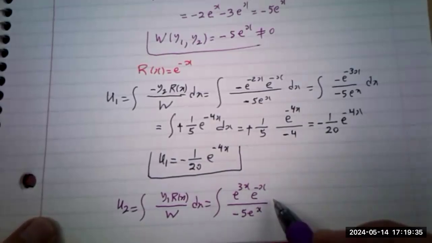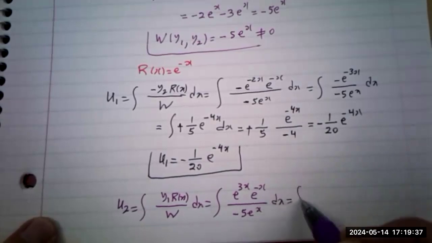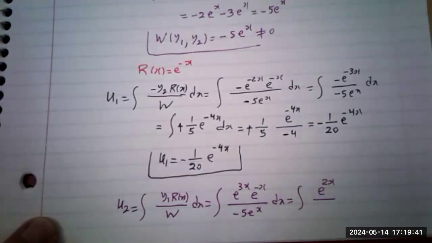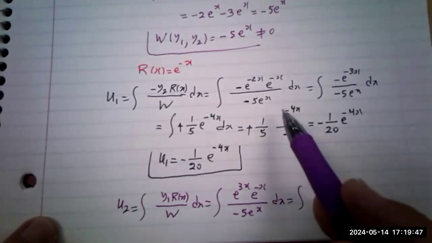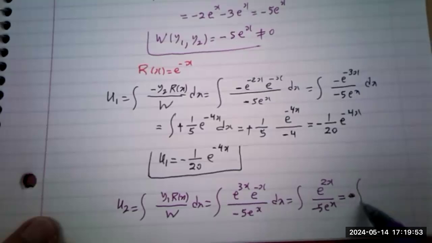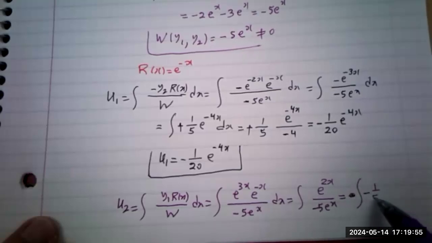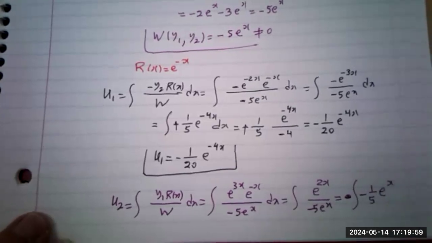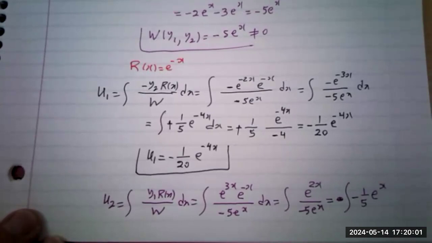Okay, that's it, the dx. So the top one would be e to the 2x, because 3x minus x. Okay, negative 5e to the x. Now this is going to be the integral of negative 1/5 e to the x, because e to the 2x, 2x minus x would be just x dx.